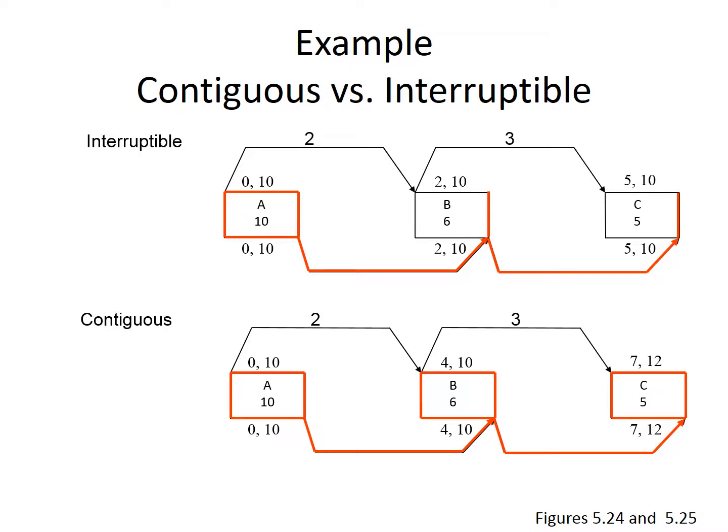Once it starts, it cannot stop, which makes what we call the driving relationship the finish of the activity. So the start is equally critical. It has to start on day 4, but it absolutely must terminate on day 10, and the reason is because the activity is contiguous.